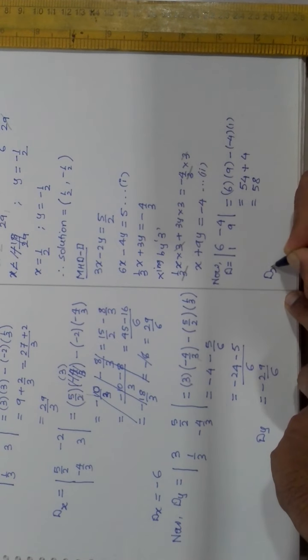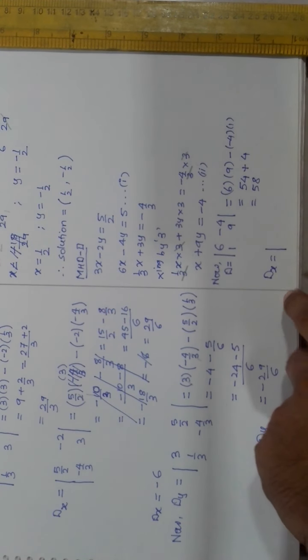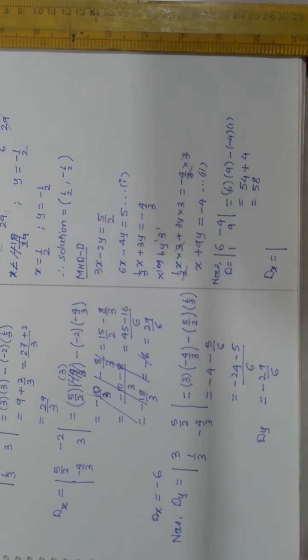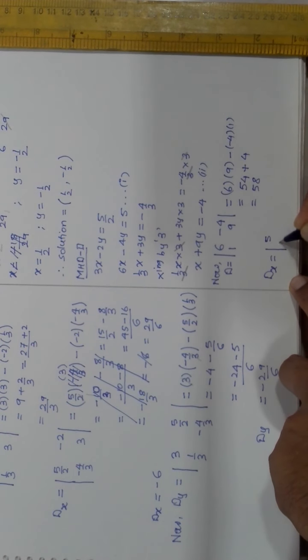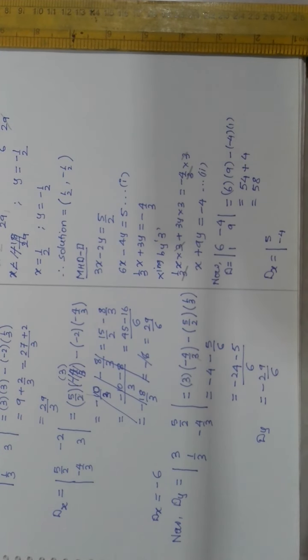Then dx you will find: the coefficient of x will go, remove it, and in its place will come the constant values, that is 5 and -4.